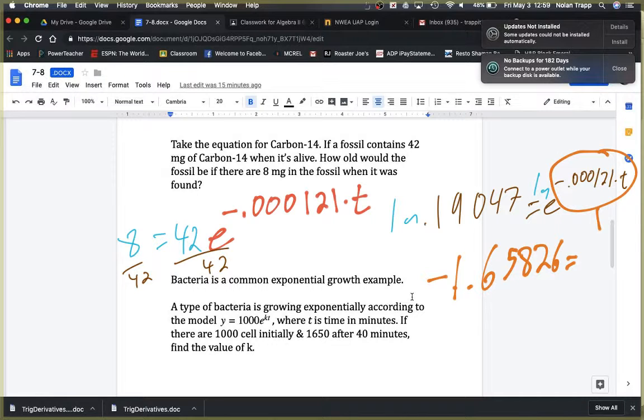So I have to divide that by the negative 0.0001210121, which means that approximately 13,704 years ago, this fossil would have been alive, according to half-life.